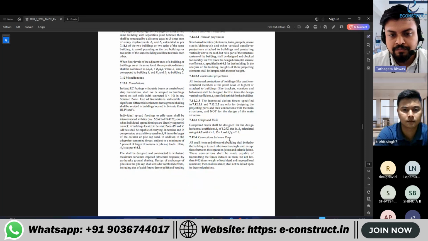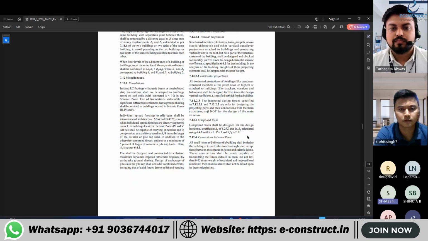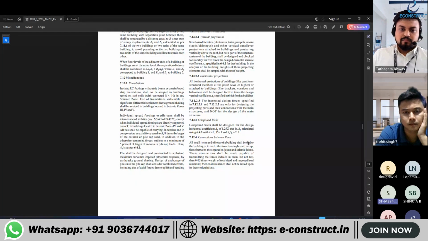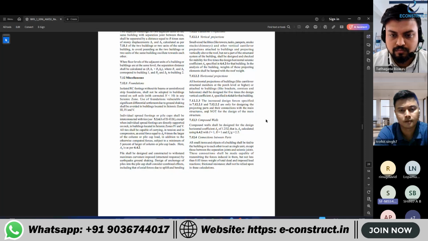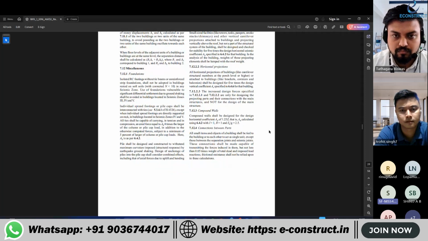So, Safe, you can read this, 7.12.2.3. The increased design forces specified in 7.12.2.1 and 7.12.2.2 are only for designing the projecting parts and their connections with the main structures and not for the design of the main structure.